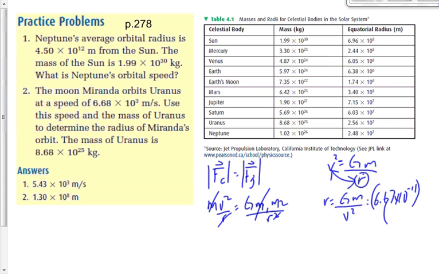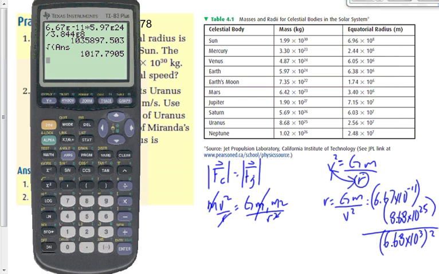The mass of the planet we're given is 8.68 times 10 to the 25, and we divide that by v squared, which is 6.68 times 10 to the 3 squared. Let's do this on the calculator because it is a little bit tricky with the squared on the bottom.